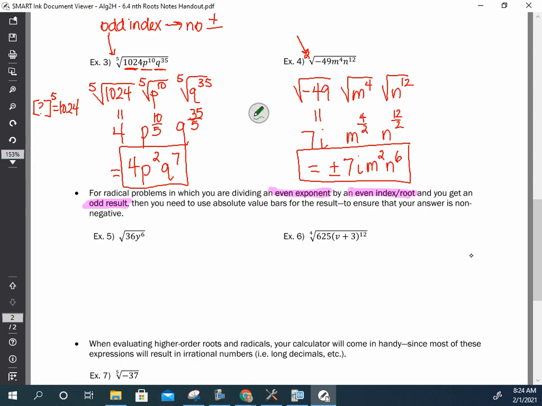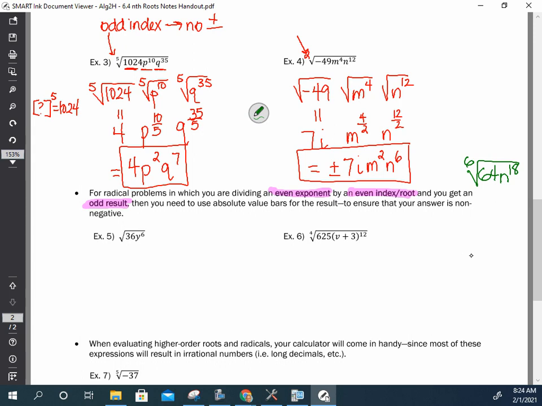So for example, and I'll put it in green over here, you have, and I'm trying my best to make it up off the top of my head, the 6th root of 64 n to the 18th power.